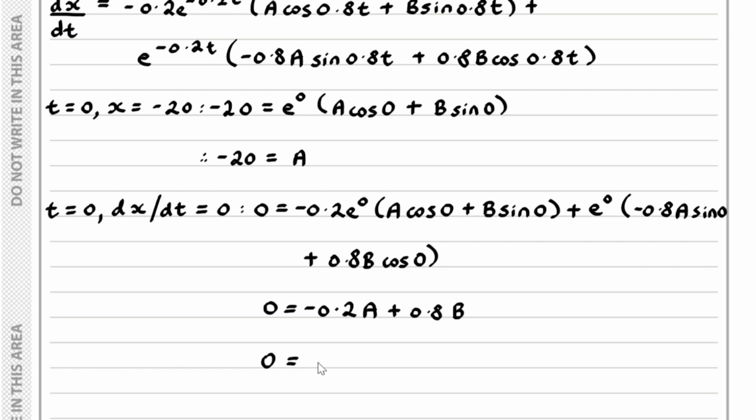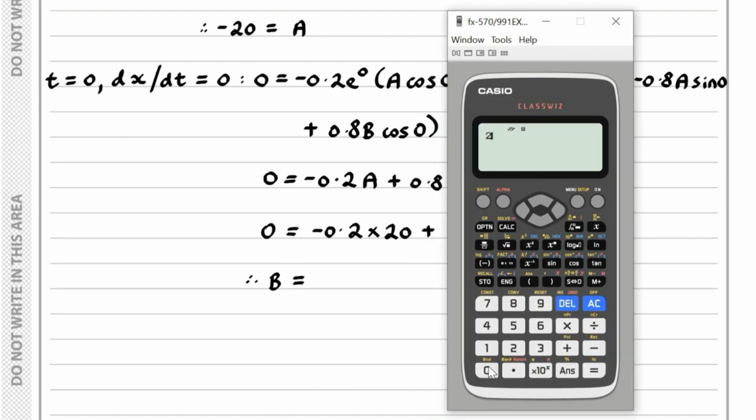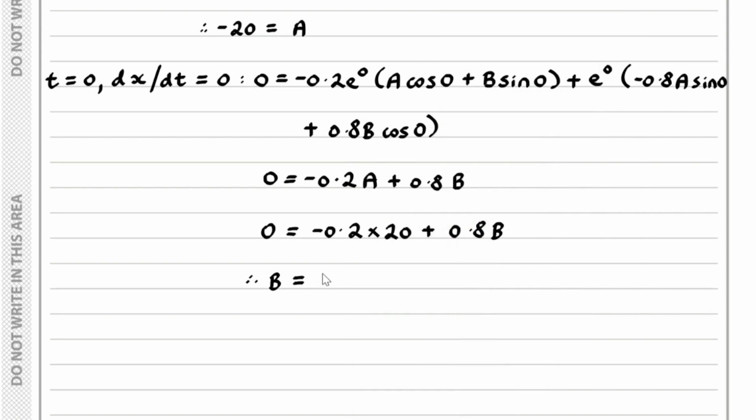So we've got 0 equals minus 0.2 times minus 20 plus 0.8b. We can therefore find out what b is. 20 times 0.2 divided by 0.8, that's 5. So we have b equals 5. Rather, b equals minus 5.